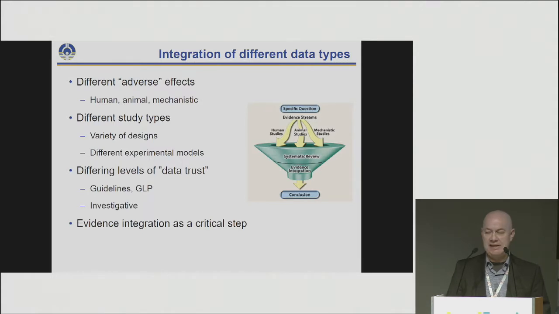There are a variety of different test systems, different experimental models, and also lots of different layers of data trust, as I like to call it, be it the use of guidelines in GLP versus more investigator-initiated research in academic laboratories. And so bringing these two together at the very end is actually the most critical point at this stage. Here I'm using the concept of systematic review as a way in which some of our programs are being used, but it's really to convey that the sense of integration is important.